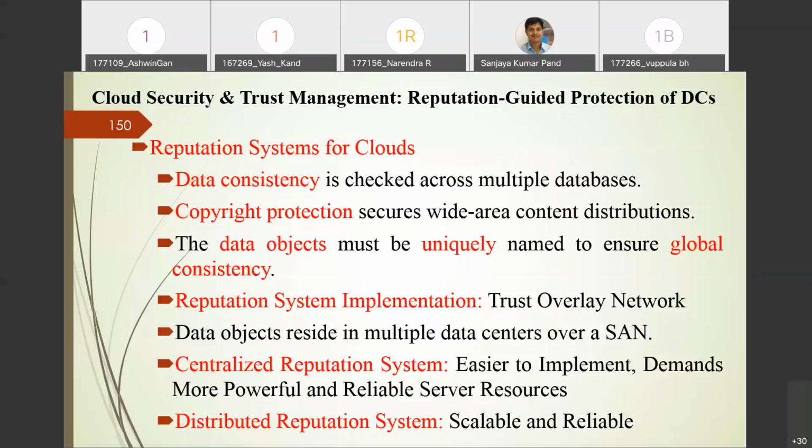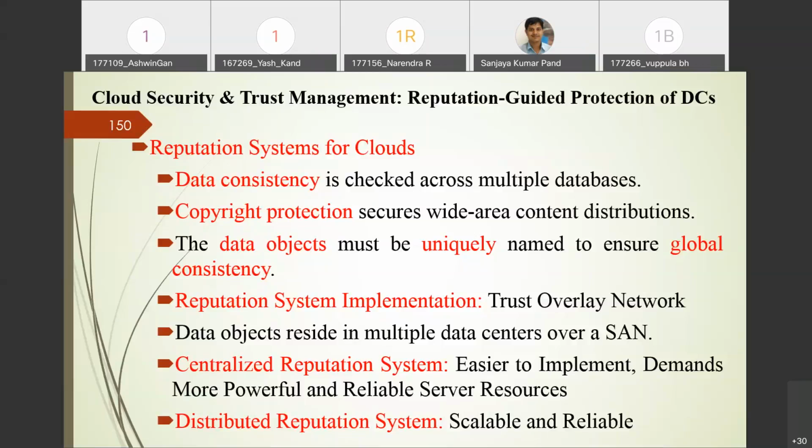The copyright is transferred to the particular publisher, so that if anybody copies your work or your patents, whatever you develop, it will go to legal proceedings, right? The data objects must be unique in length to ensure global consistency. Yes, whenever you are storing the data in multiple places, you have to give a unique identification to each and every data object so that retrieval is easier.